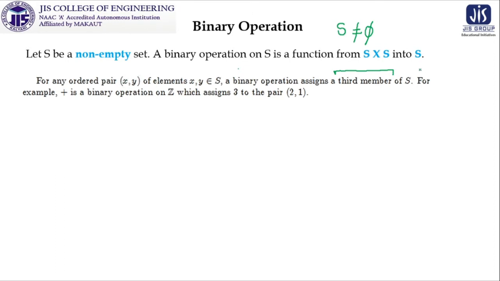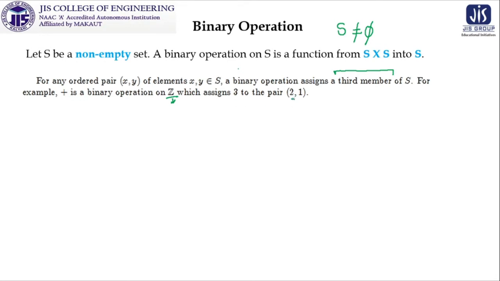But for example, now the discussion is coming to your known fact, that is addition. This addition means usual addition. It is a binary operation on Z. Look at this: first of all, concentrate on this Z. Z is a non-empty set, and you are taking the operation addition.